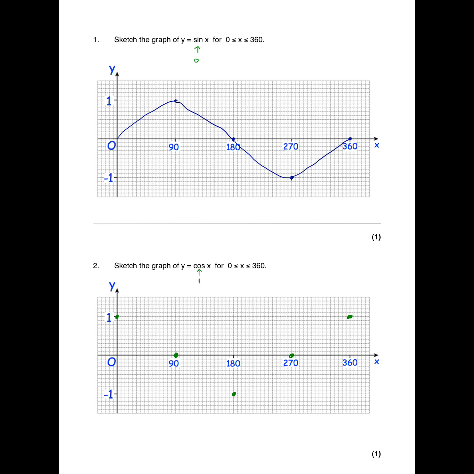This time as I come to draw the graph, I've got to make sure that my drawing skills, no matter how wobbly, go through those key features. If I had the sine or cos graph for a longer interval than 360 degrees, the shape of that graph would be repeated.